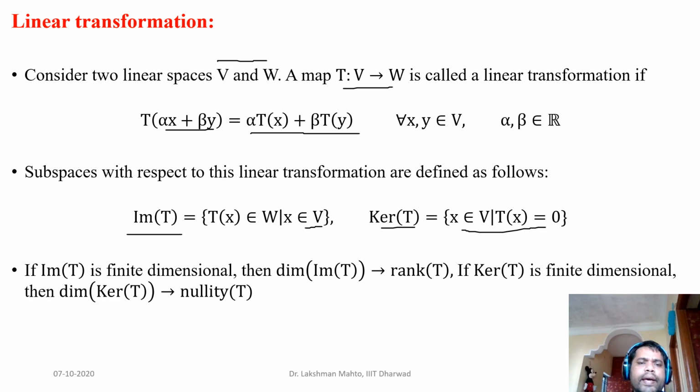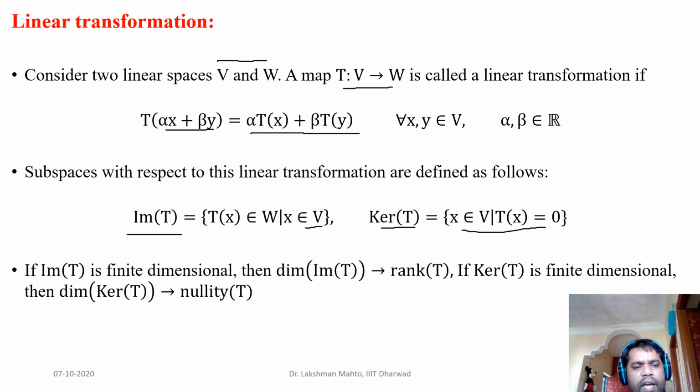I haven't mentioned that V may be finite dimensional, that means the number of elements in the basis would be finite, or maybe infinite dimensional. So depending upon the nature of the linear space, we will define Sylvester law.